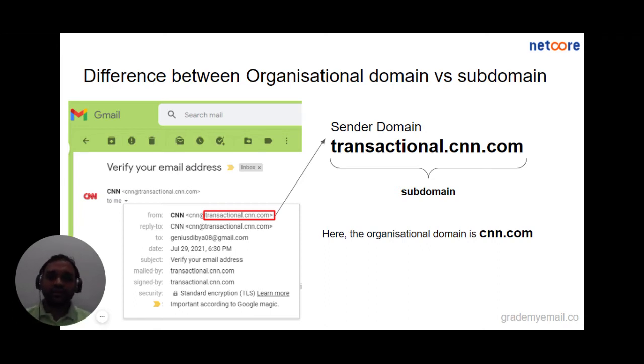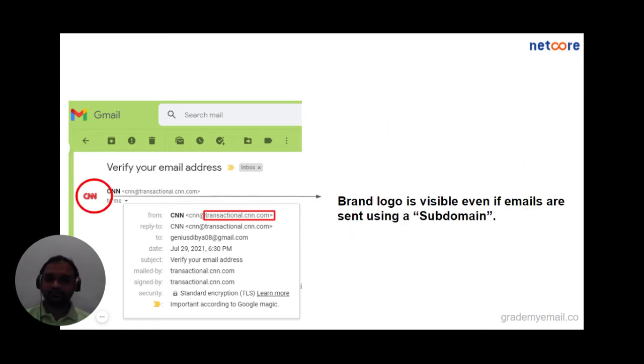Now that we are clear on what an organizational domain is, let's see the BIMI logo which is visible here. You can see that the brand logo is visible even if the email is sent using a subdomain. In this case, the email is sent using transactional.cnn.com, yet this logo, that is cnn.com's logo, is visible in this particular email.